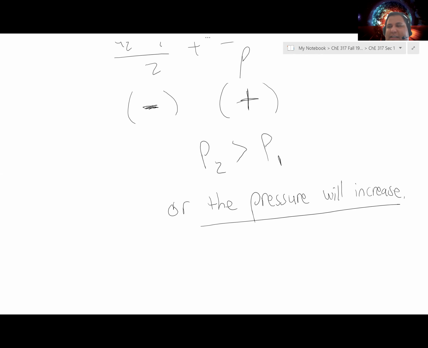All right, so let's look at some examples of doing calculations with the mechanical energy balance. So now let's say I've got N-pentane being transported from a supply tank to a storage tank through 100 feet of 3-inch piping, assuming a pretty large elevation increase of 40 feet.